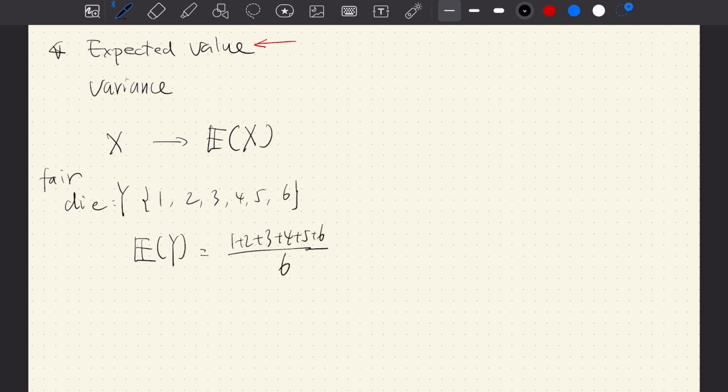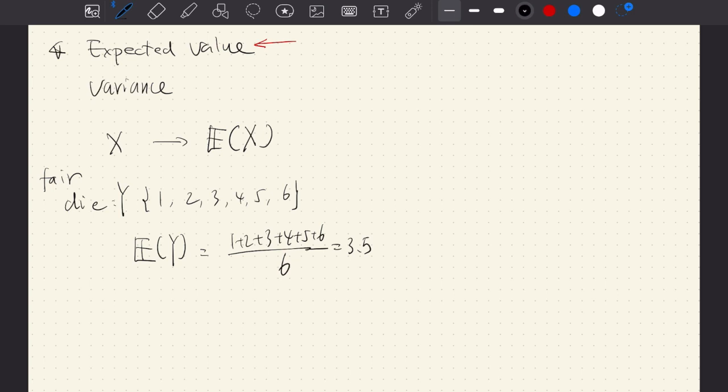You're just averaging all the outcomes because you know that it's a fair die, so every outcome has equal probability. You can just add them up and then divide by 6. This is equal to 3.5, right?